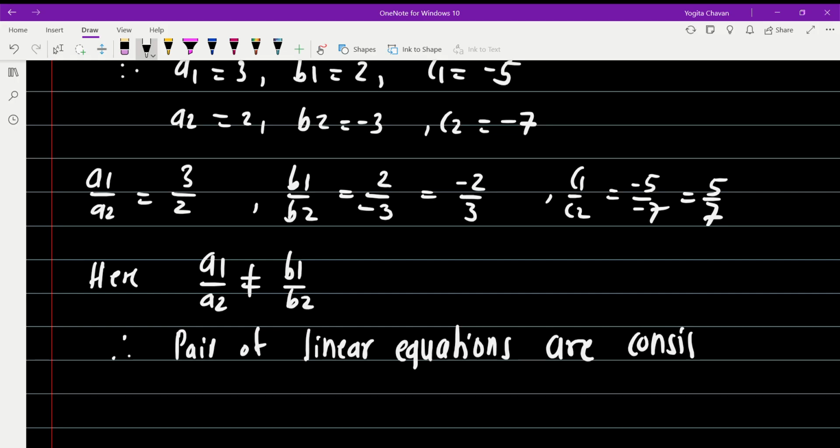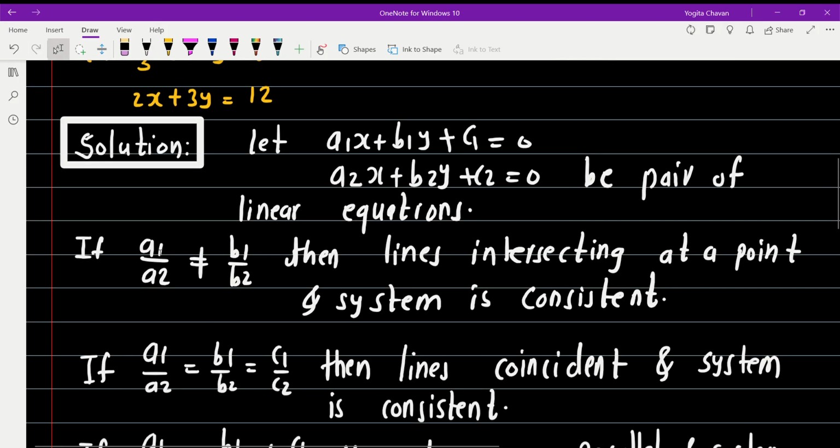Okay, are consistent. स्टार्टिंग में हमने ऑब्जर्व किया था कि a1 upon a2 is not equal to b1 upon b2 रहा, तो सिस्टम मीन्स कंसिस्टेंट और पेयर ऑफ लाइंस आर कंसिस्टेंट.